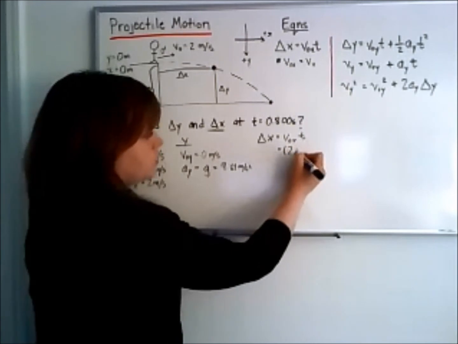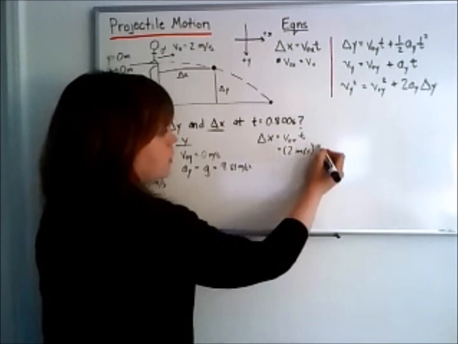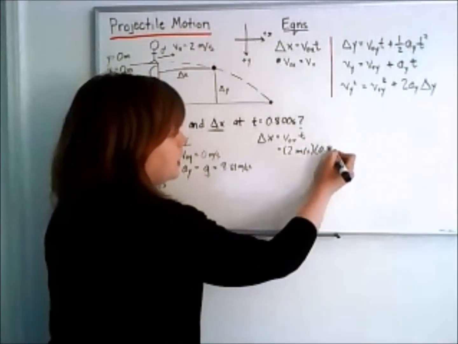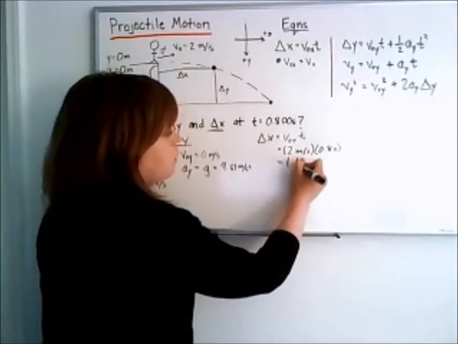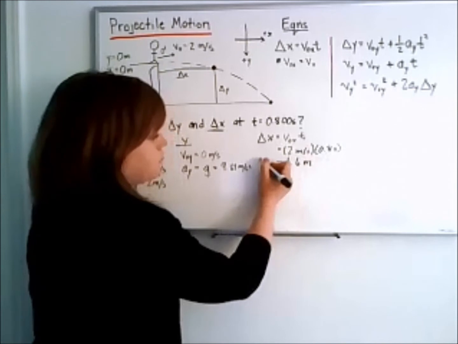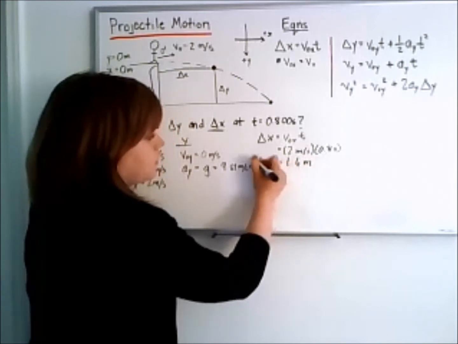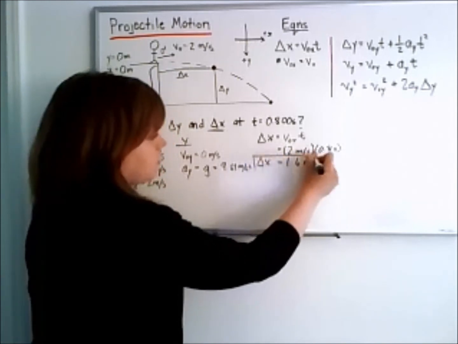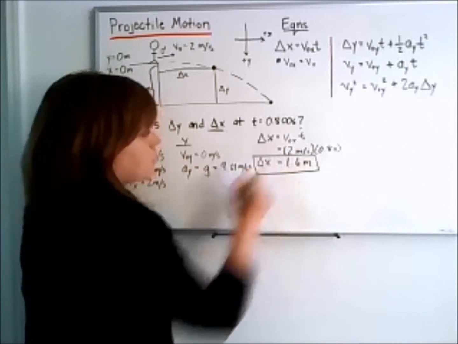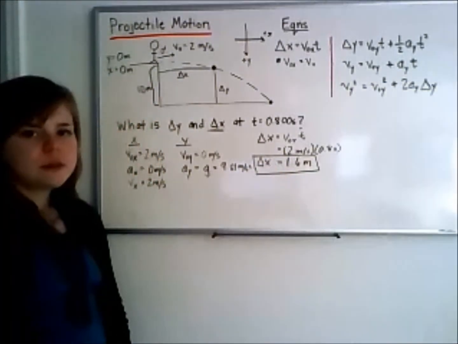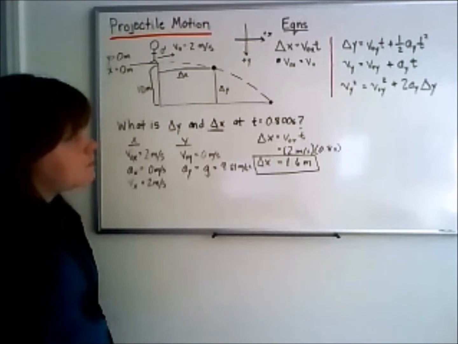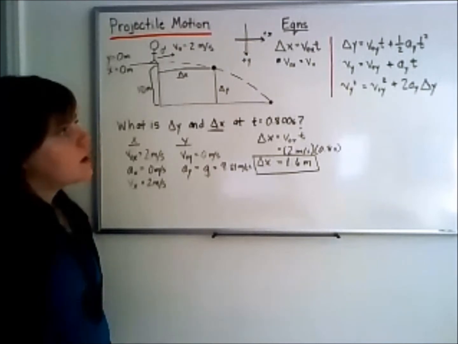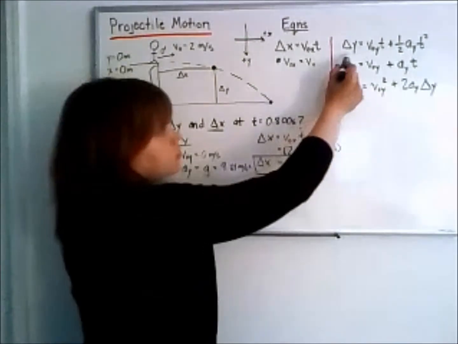So 2 meters per second times 0.8 seconds will be 1.6 meters.